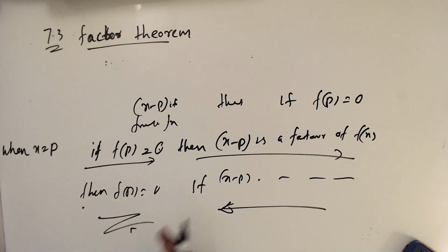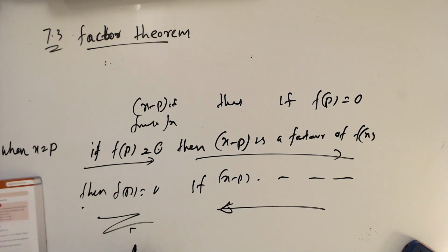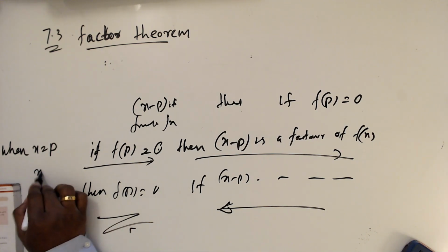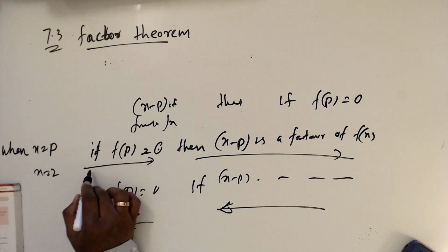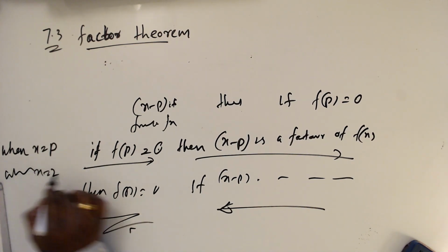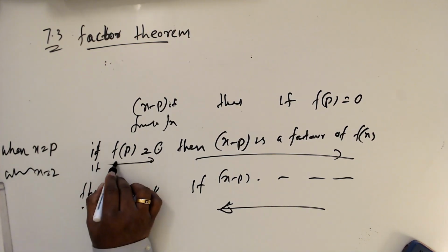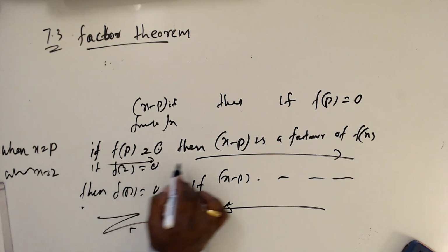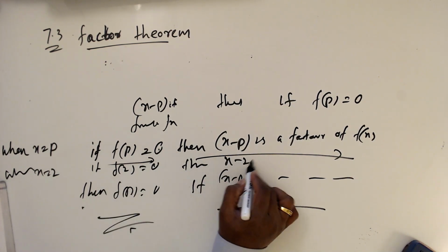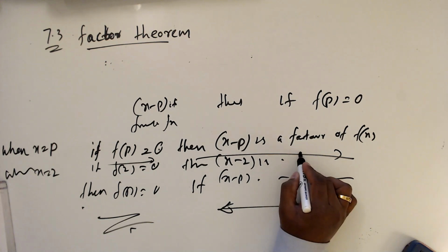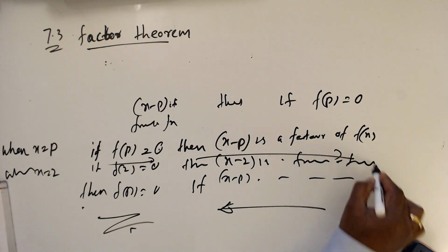We already discussed it in the example. When x equals 2, if f(2) equals 0, then x minus 2 is a factor of f(x).